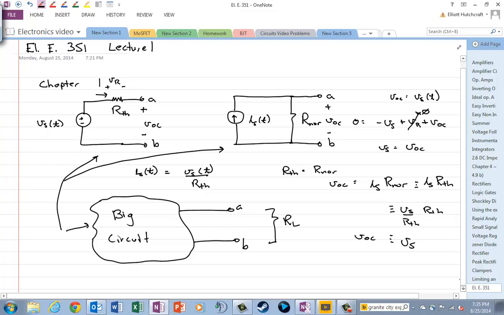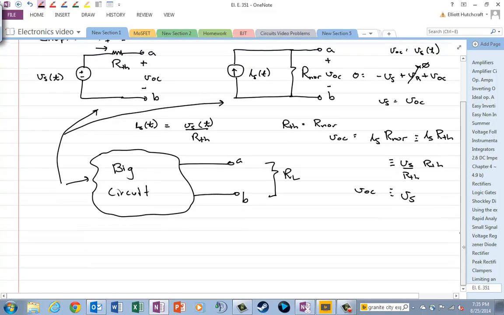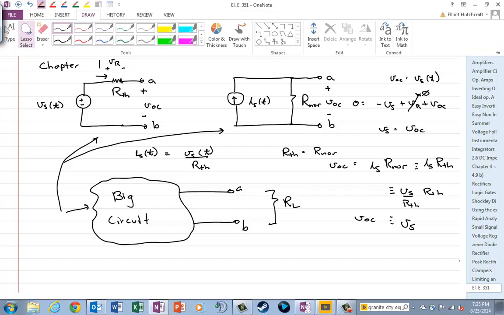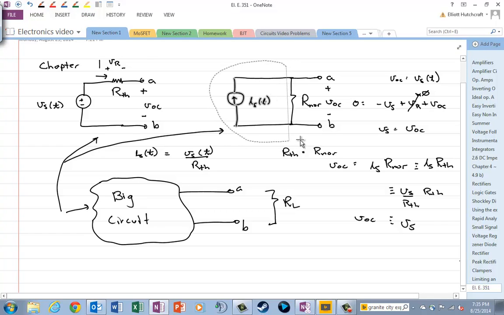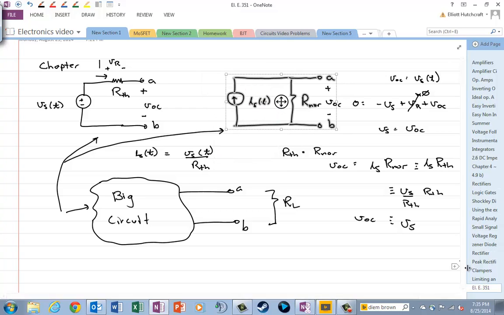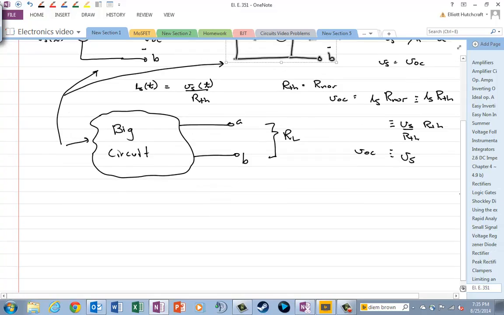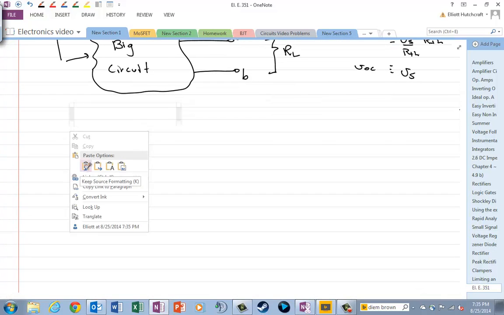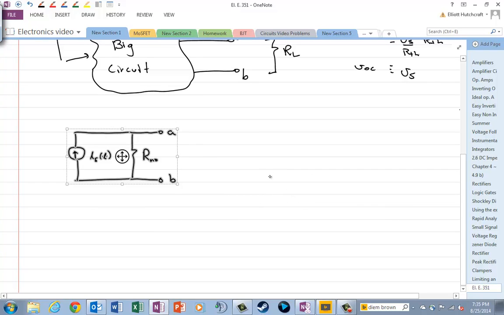By the same token, if we look at something else that's also important, we normally think of the Norton equivalent when we're looking at it this way, but we don't have to just think about it like that. So let me draw this. And we also think of the short circuit current.